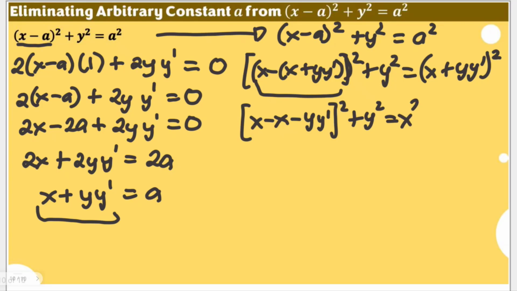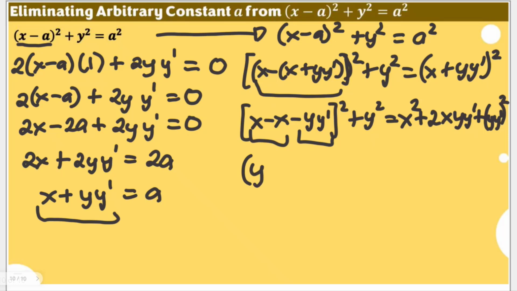You have x squared plus twice the first term and the second term, and then plus the square of y and y prime, and then you square that. Now this is removed, so the square of this expression, it's now positive. Let's just do it in this manner first.